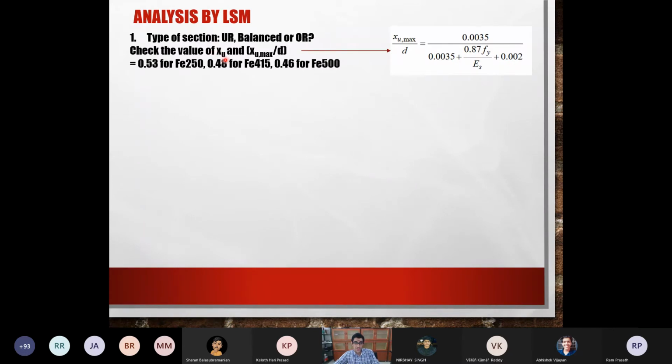Then you have to find out XU, the actual XU for your given beam. Like in the working stress method, you found K and compared it with KB. In yesterday's problem, you found K. How did you find K? What were the two methods?